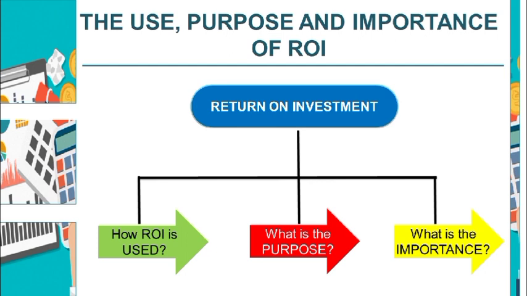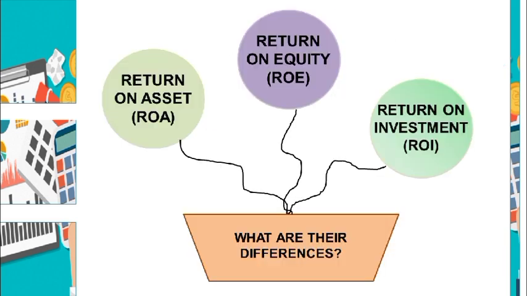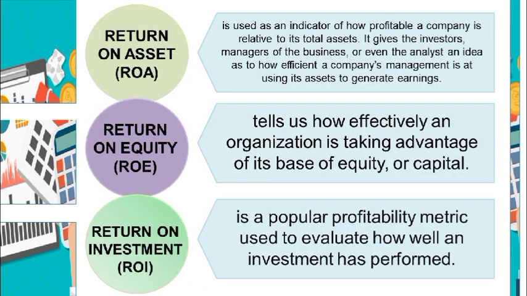To avoid confusion, before I begin the main point of my discussion, I'll just give a brief difference between the return on assets, return on equity, and return on investment. I know we are very familiar with this, but I would like to add this topic to have more understanding. So, return on assets is used as an indicator of how profitable a company is relative to its total assets.